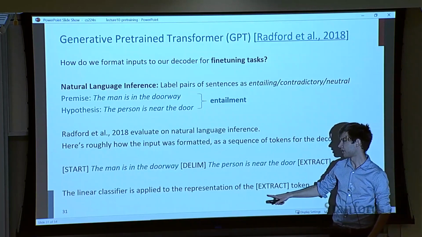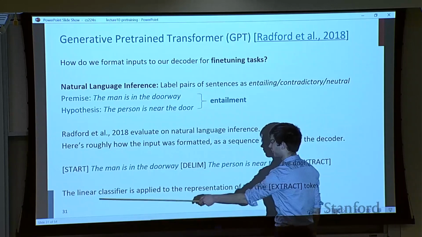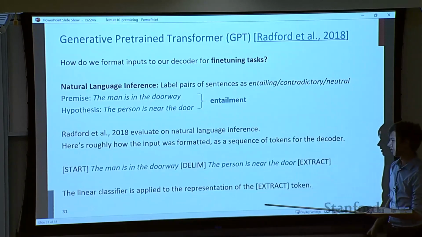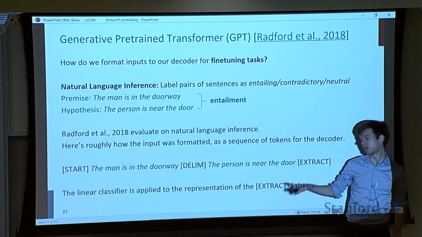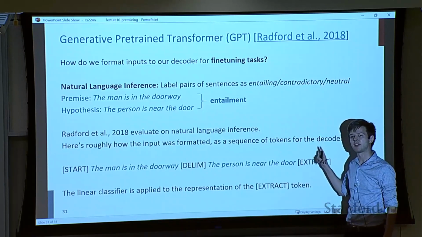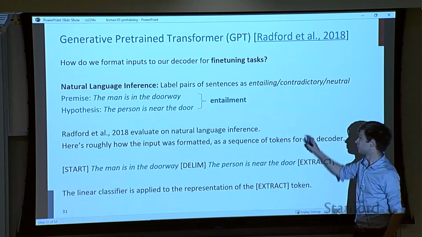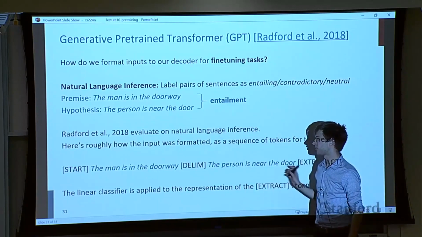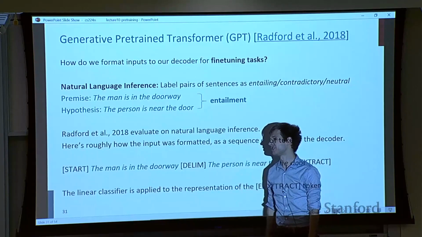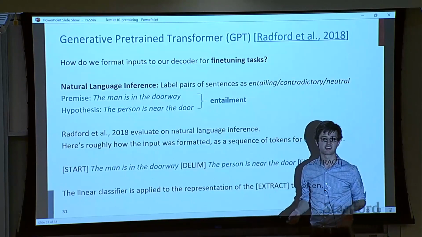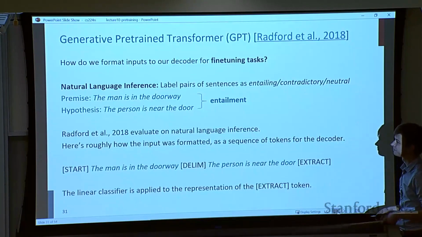And then the linear classifier that we talked about in the first way to interact with decoder models is applied to the representation of the extract token, right? So you have the last hidden state on top of extract, and then you fine-tune the whole network to predict these labels. And this input formatting is increasingly used to keep the model architecture the same and allow a variety of different problems to be solved with it.